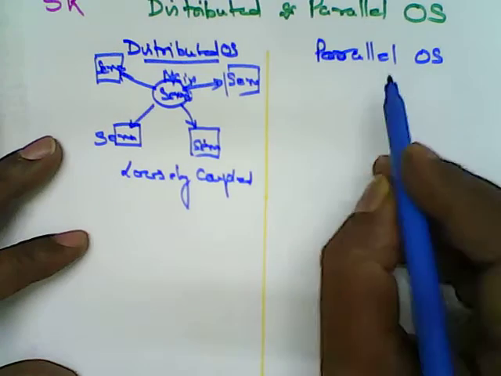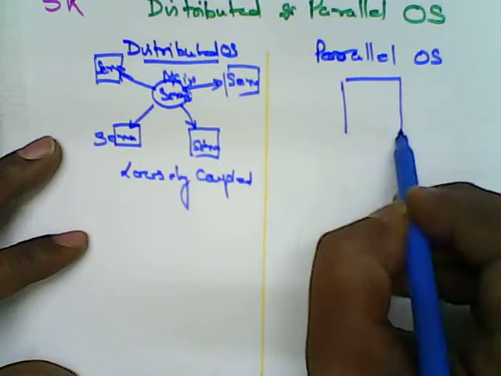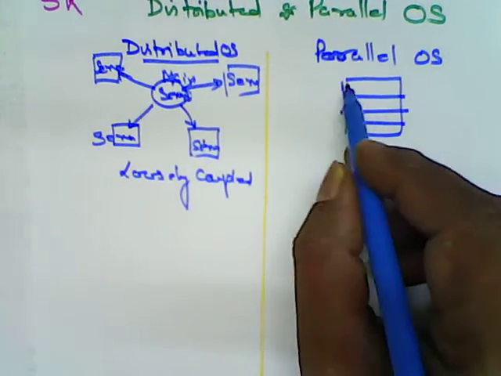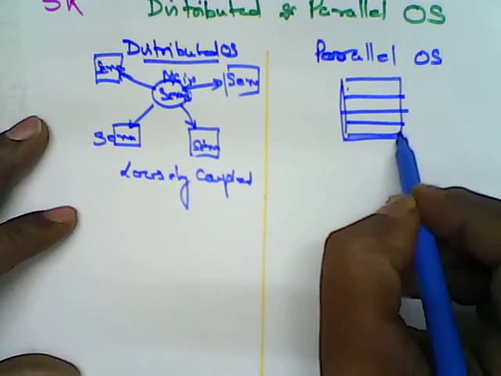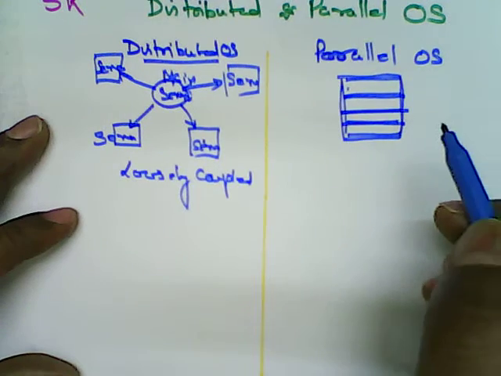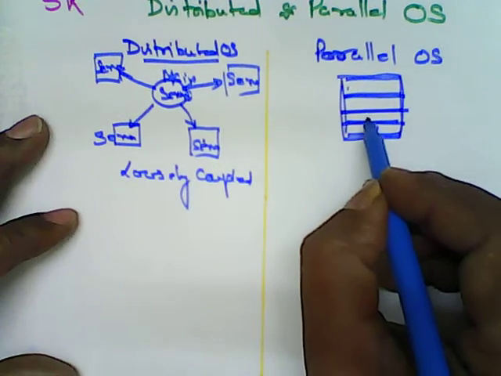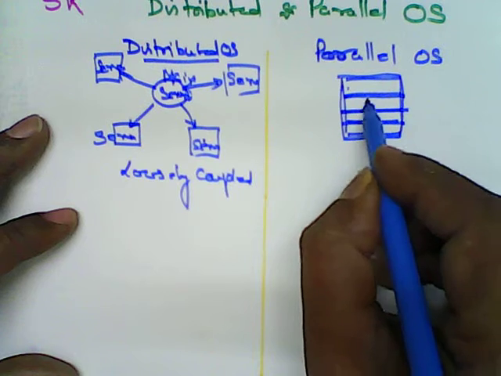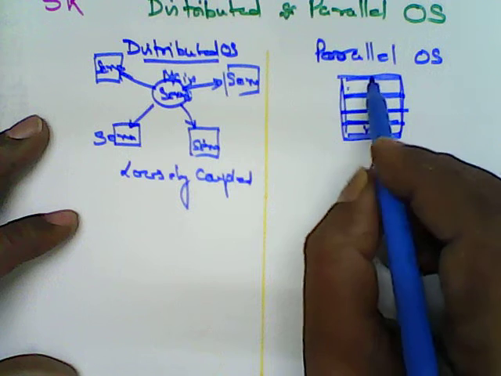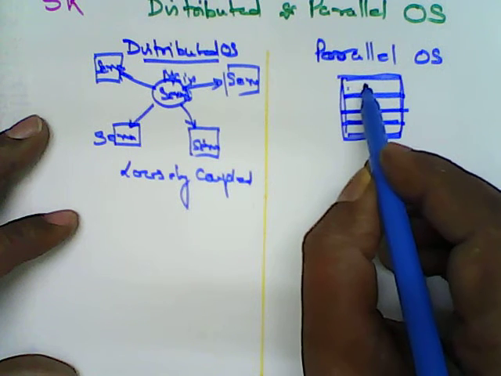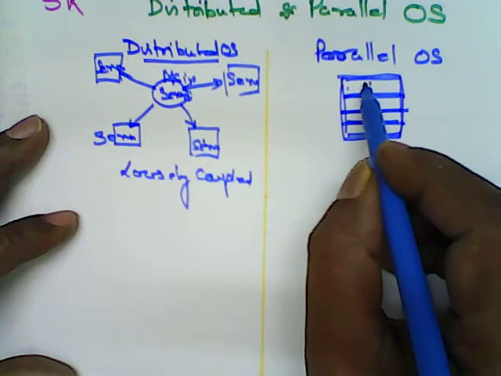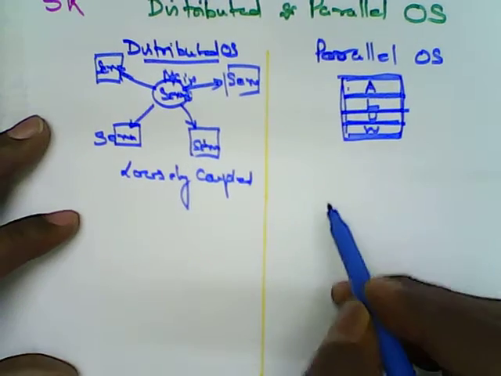What is a parallel operating system? Suppose this is the main CPU, and you have multiple cores. Or we say that you have a number of operating systems. Let us take the Windows operating system, Ubuntu, Linux, then an operating system related to Apple, and a mobile operating system, Android, also associated.